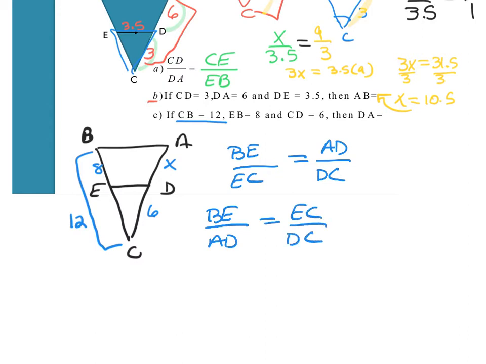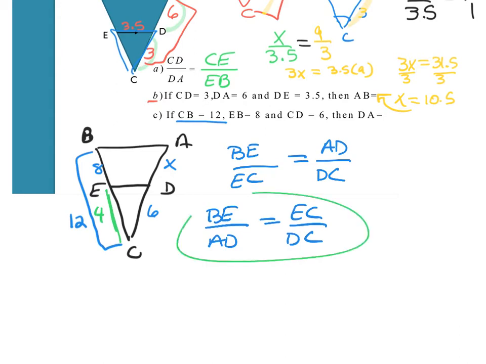Either way. Now, in order to do this, I need to find the length of EC. How can I find out how long this little piece is? Anybody have any ideas? Yes. Beautiful. Okay, I knew the whole side there, BC, was 12, and I knew the little piece BE was 8, so 12 minus 8, and EC is 4.